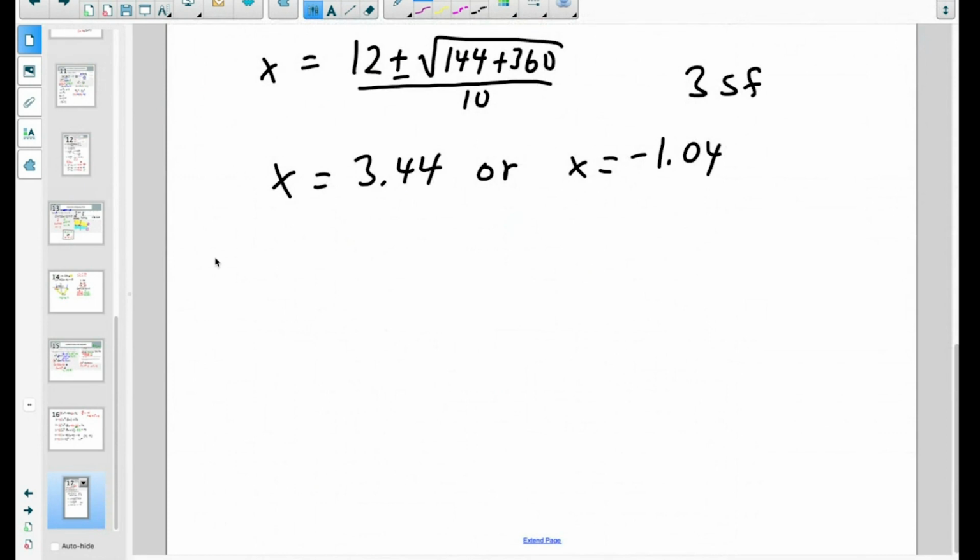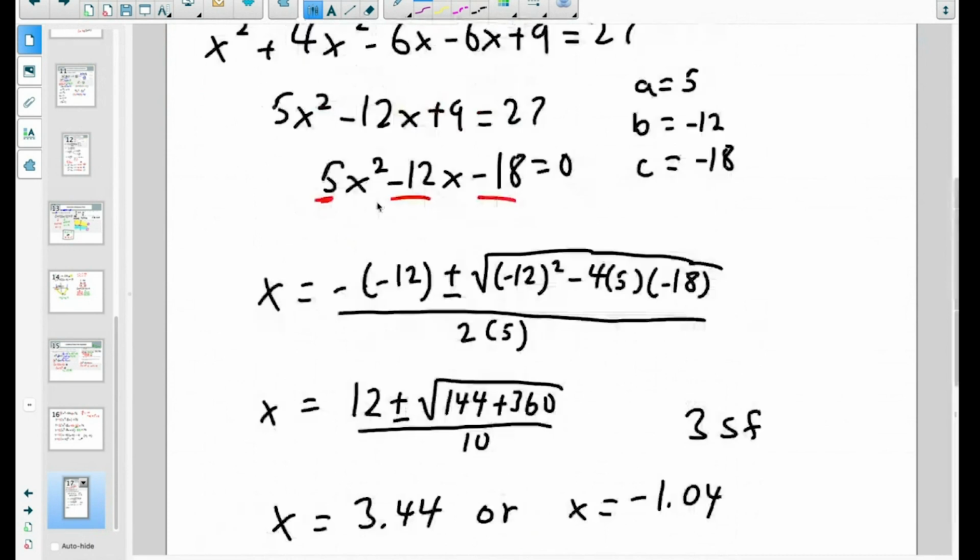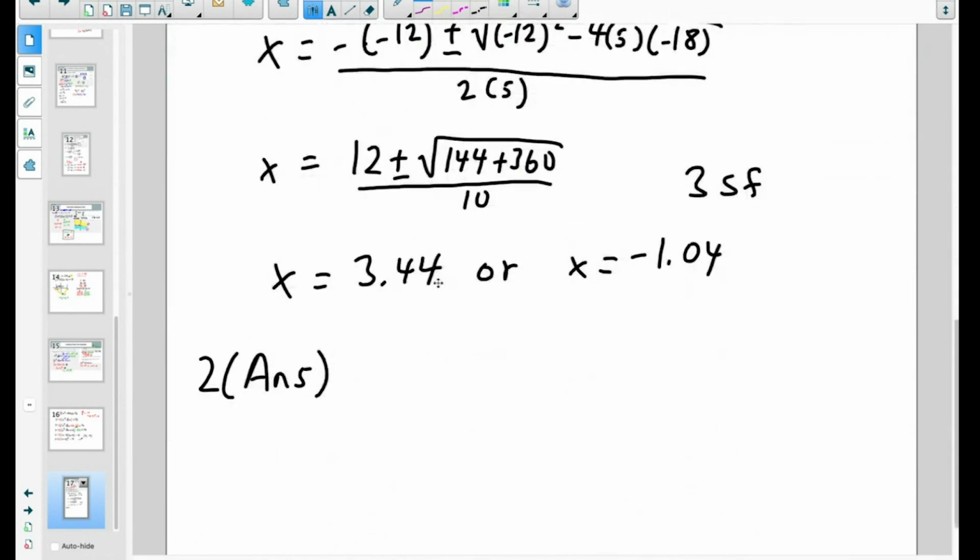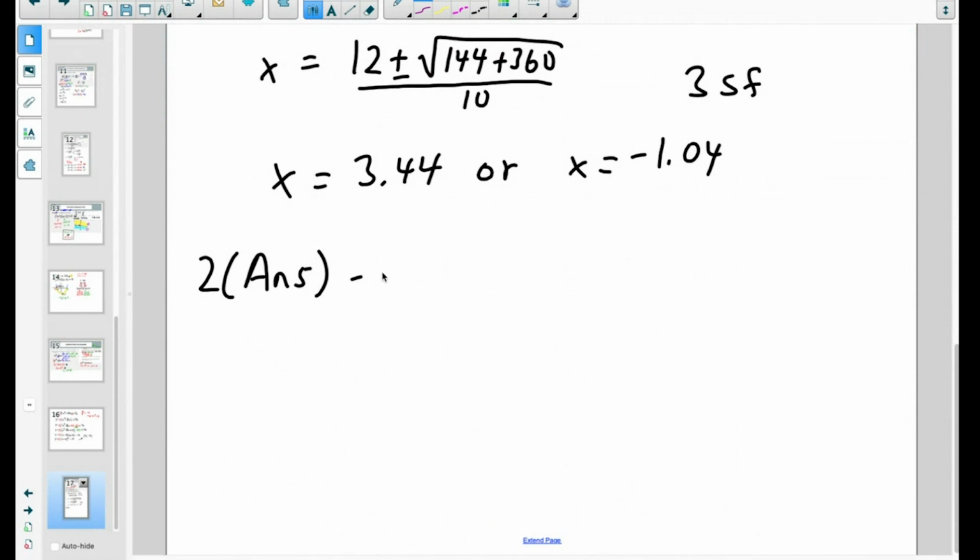So 2 times whatever the answer was on your calculator. 2x minus 3 is equal to y. And we end up getting y is equal to, what will our answer be? It ends up being about 3.89 to 3 significant figures for this one.